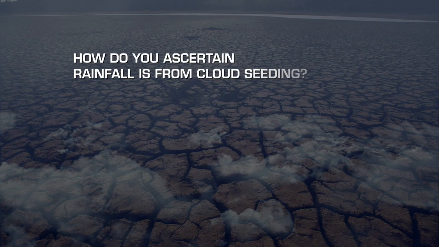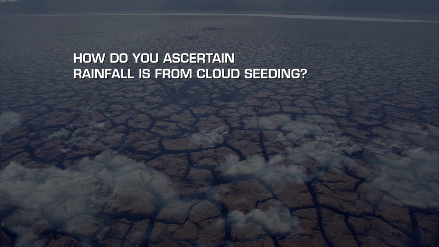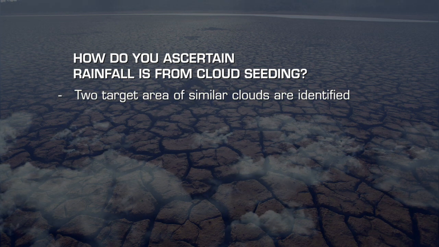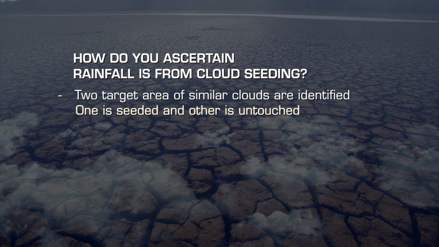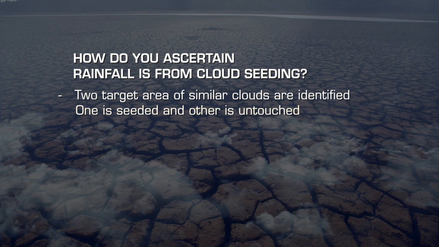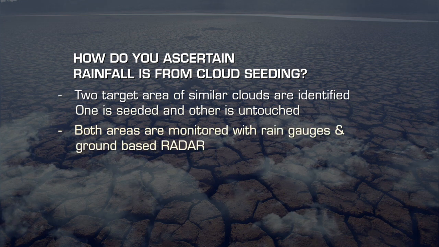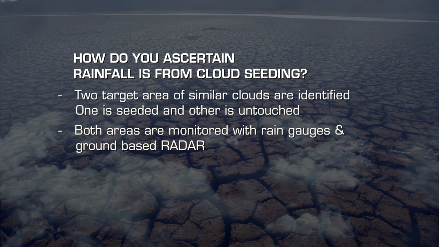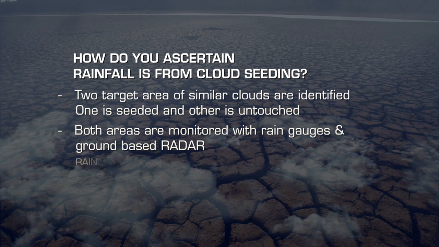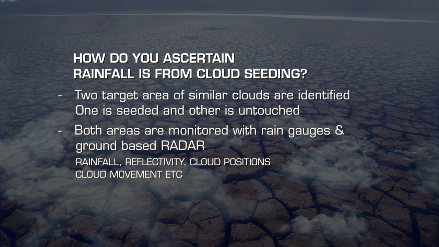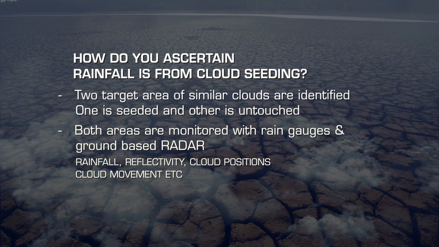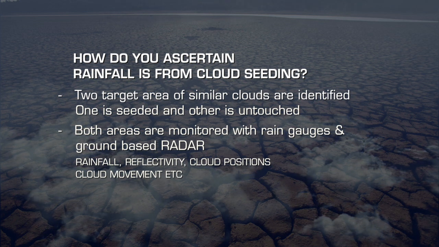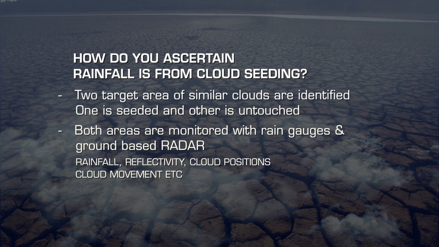How do you ascertain rainfall is from cloud seeding? Firstly, two target areas of similar cloud are identified. One of the target areas is seeded and the other is untouched. Both the target areas are monitored using rain gauges and ground-based radar, which will also give other information about these clouds, which is rainfall, reflectivity, cloud positions, cloud movement, etc. And this will help conclude the difference between seeded and non-seeded clouds.